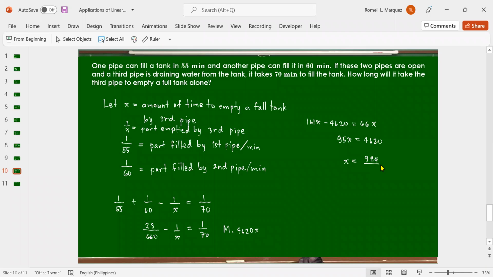That is 924 over 19. How long will it take the third pipe to empty the full tank? So 924 over 19 minutes, or approximately, pakicheck na lang ha, it will take 48 minutes. 48.63.